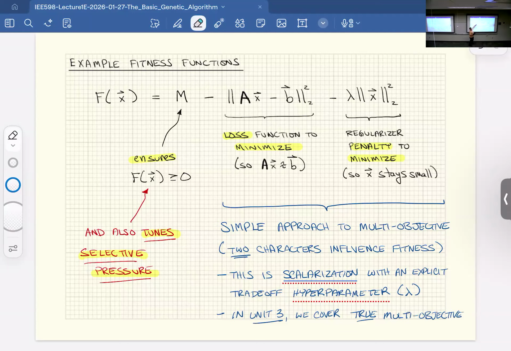Whereas this hyperparameter M actually affects the function of the GA. In shaping the dynamics of the GA, lambda communicates the stakeholder's preference for compact solutions versus solutions that solve this AX equals B problem. They're both hyperparameters, but the GA-specific one is the one outside.